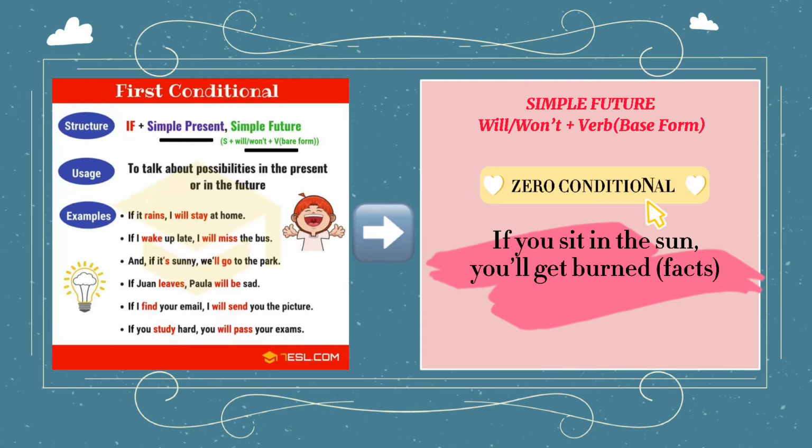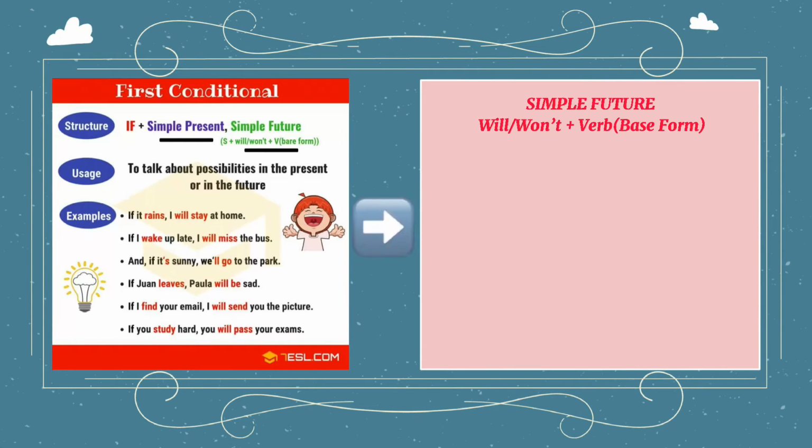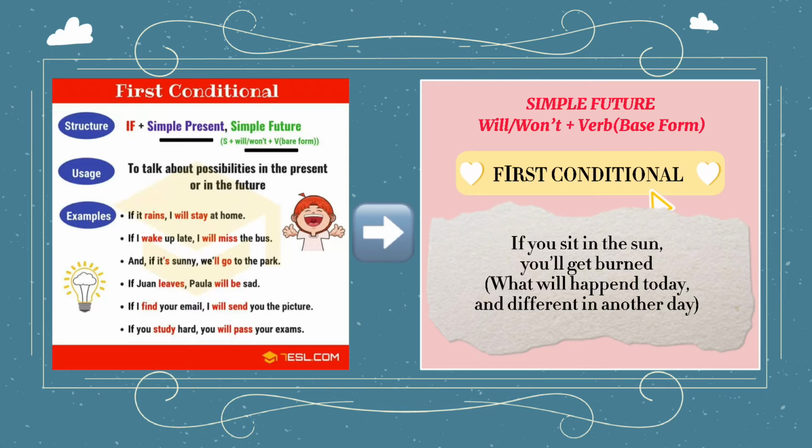Here I'm talking about every time a person sits in the sun, they get burned easily because it is a natural consequence of sitting. However, for the first conditional, for example: if you sit in the sun, you will get burned. Here I'm talking about what will happen today, which on another day will be different.